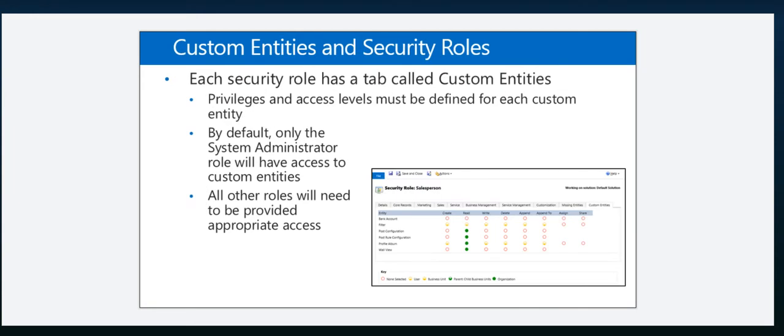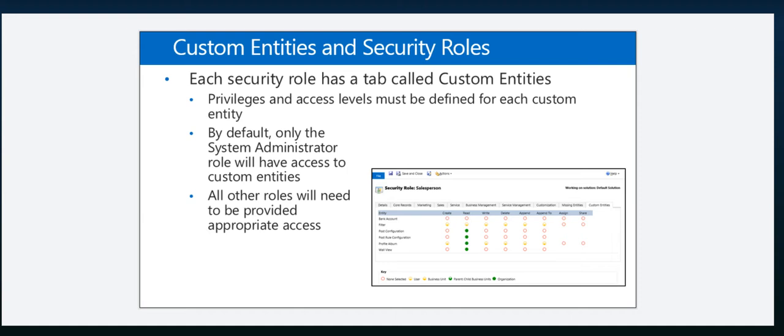All right, so custom entities and security roles. One thing you have to keep in mind whenever you create a new custom entity is that you have to go into the security roles that you're using and go to the custom entities tab and make sure that all your users have the proper privileges, everything that's needed.